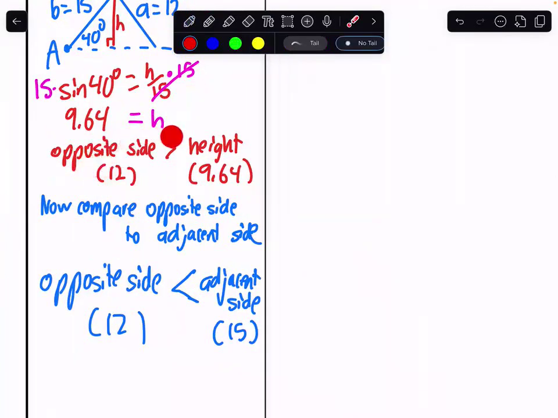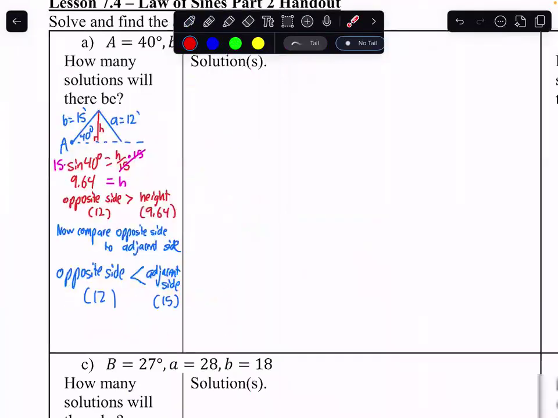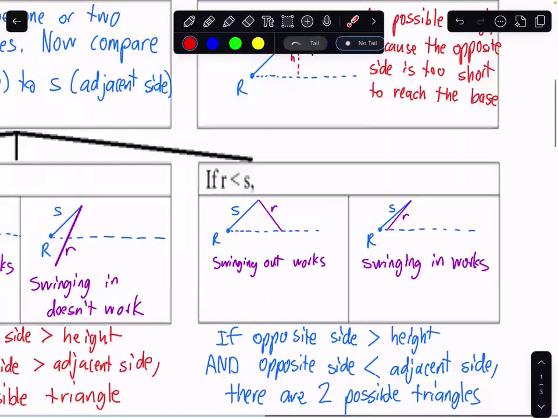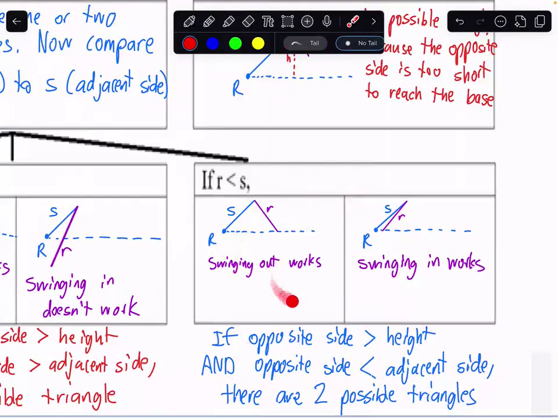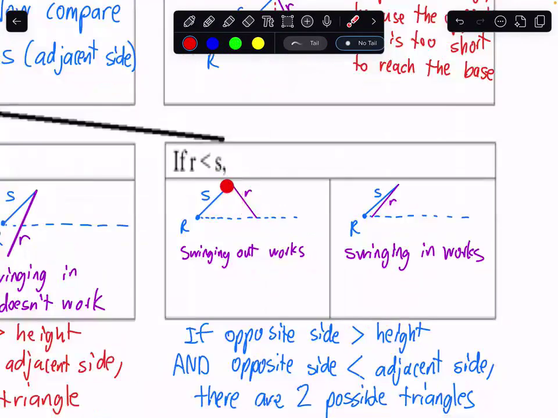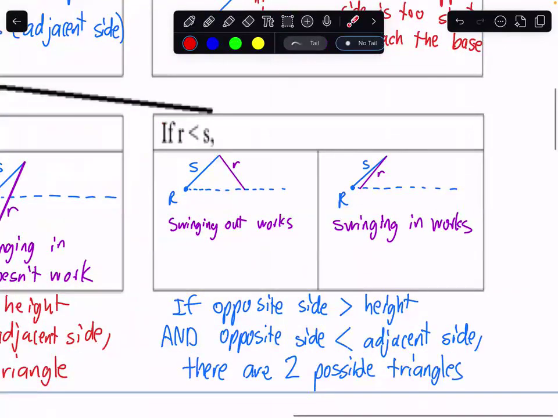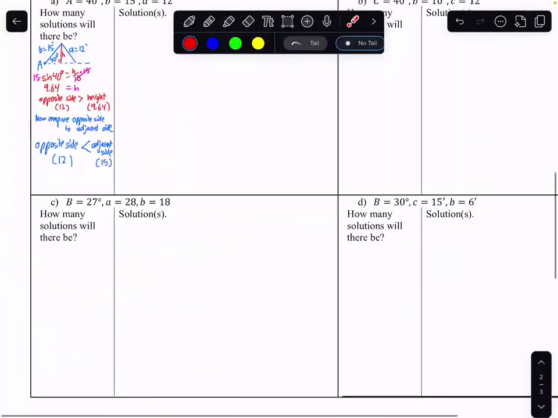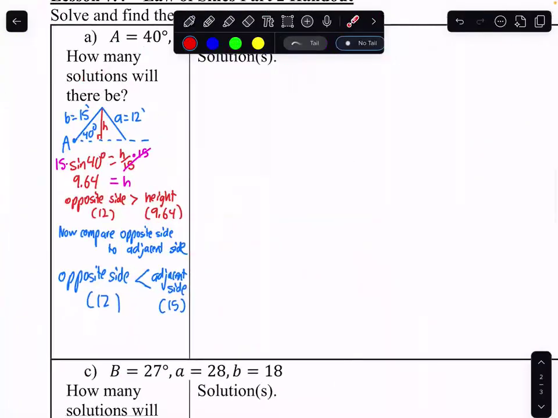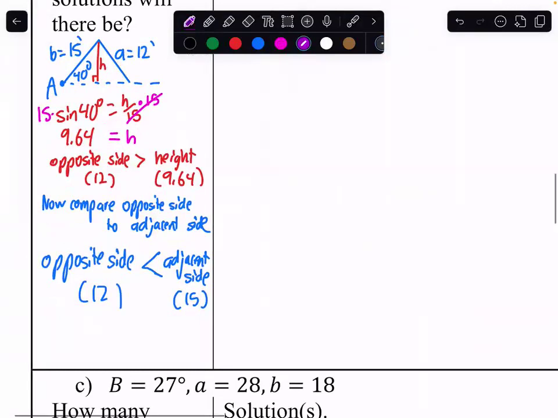Again, the opposite side is greater than the height, but the opposite side is less than the adjacent side. That's going to be the ambiguous case. If the opposite side is shorter, it's short enough that you can swing it inward and form a triangle without crossing through. So how many solutions will there be? There are two possible solutions, two possible triangles.